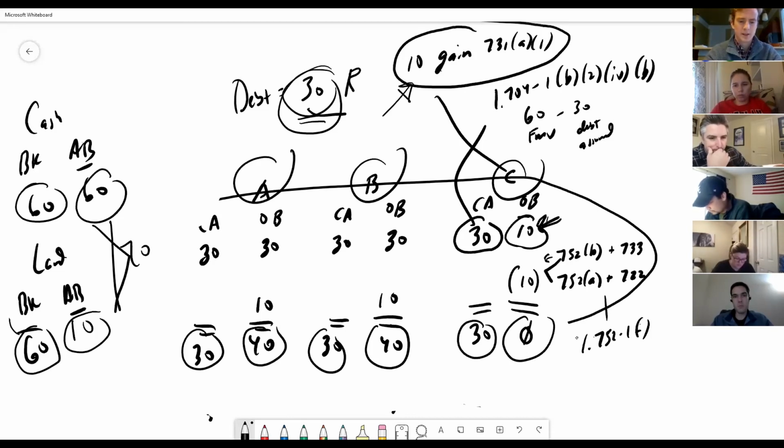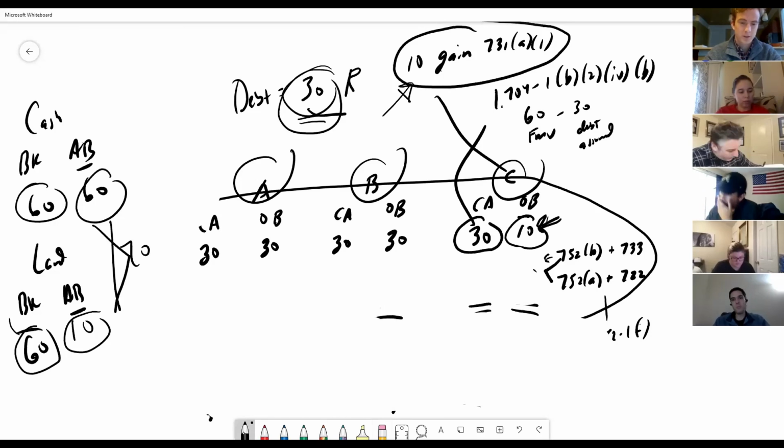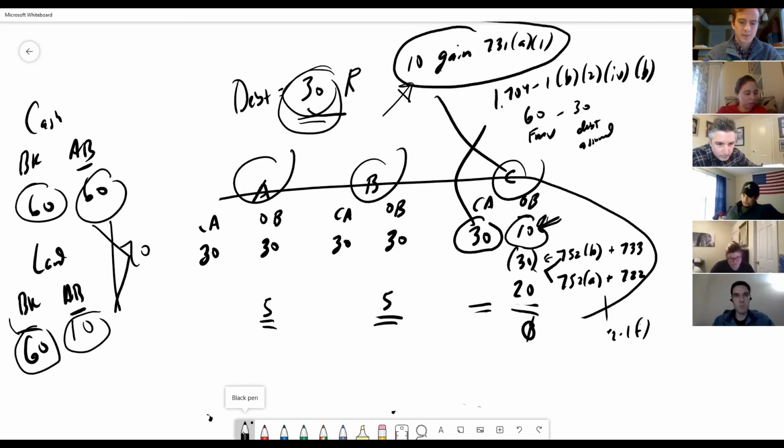Well, if that's the case, then, it's the last thing we'll do today, what happened then is now he's still shedding 30, but then he's getting back 20 because he's taken on 5 of A and B's exposure. And so now he's got a constructive distribution of 10, net of 10, but he's got basis of 10. He'd have no gain.